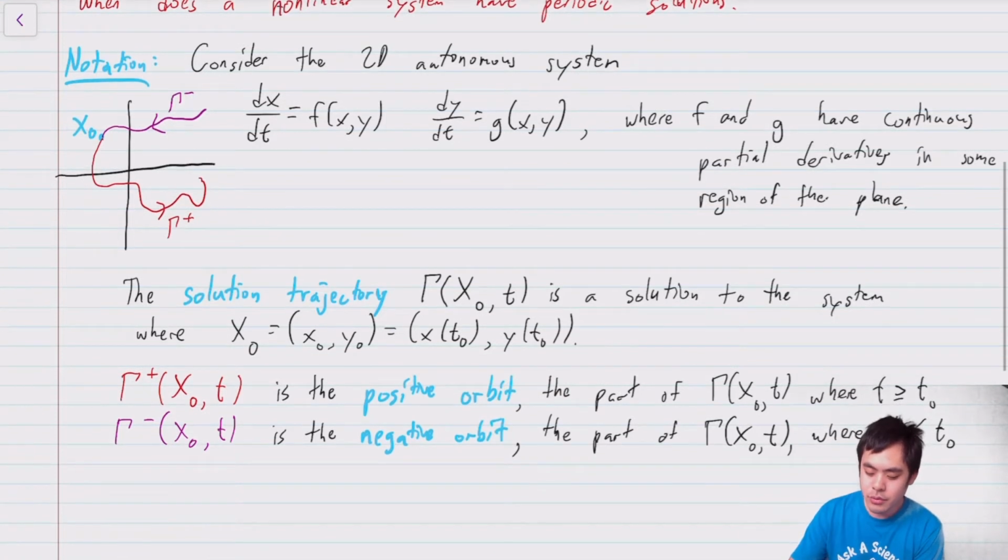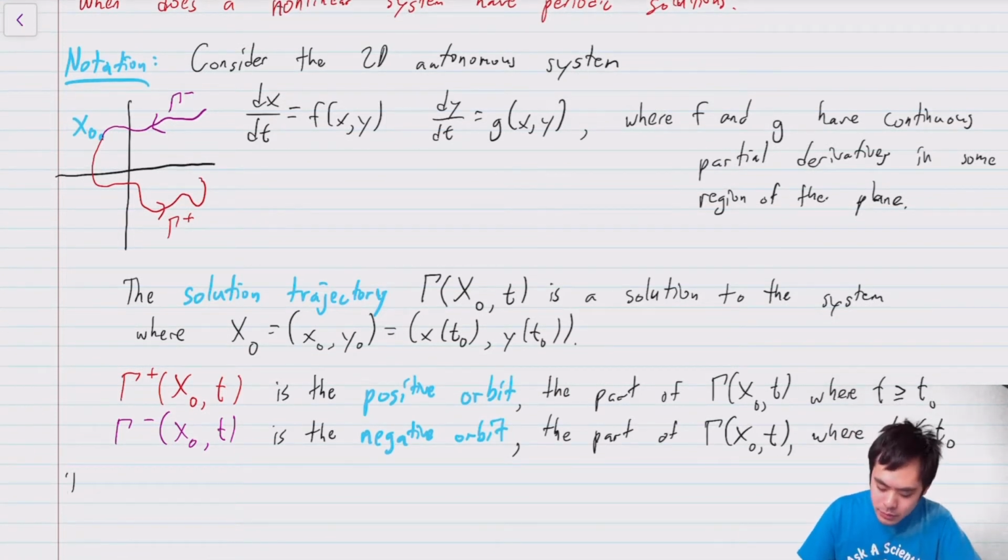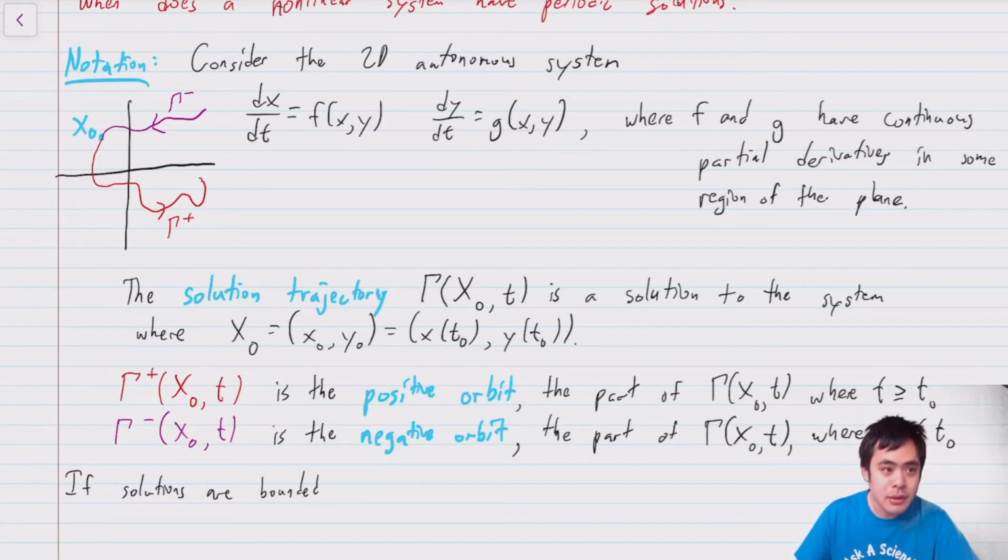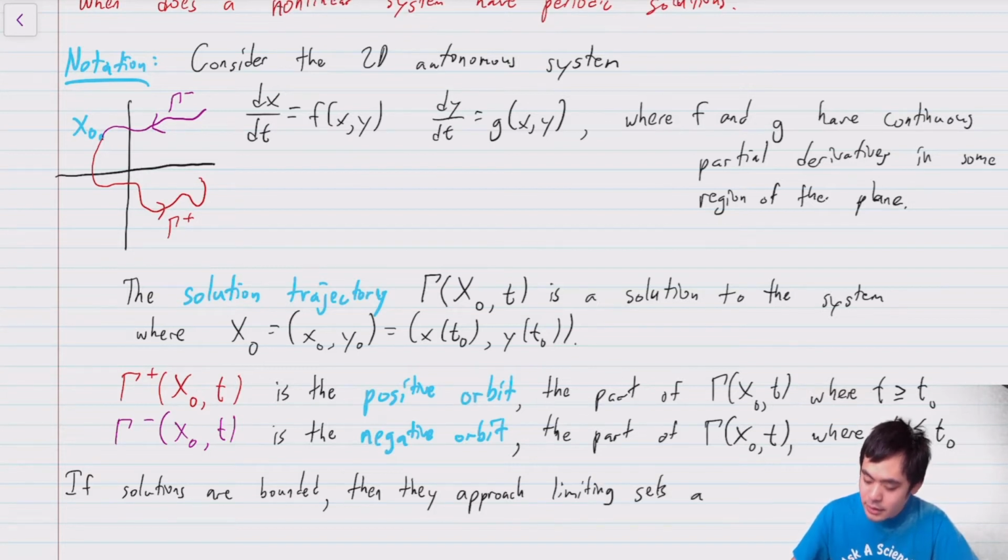Now, these might just go on to infinity, of course, but one of the important things is if solutions are bounded, either in the positive or negative direction, then they approach some limiting sets as t goes to negative infinity or t goes to positive infinity.